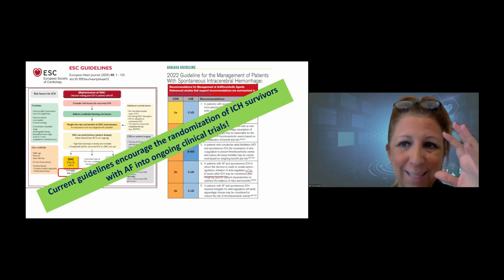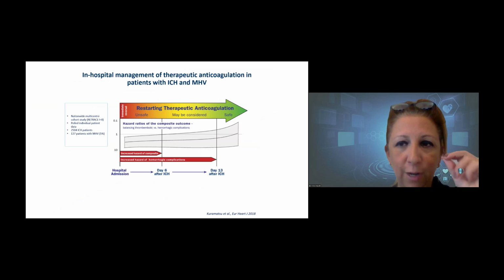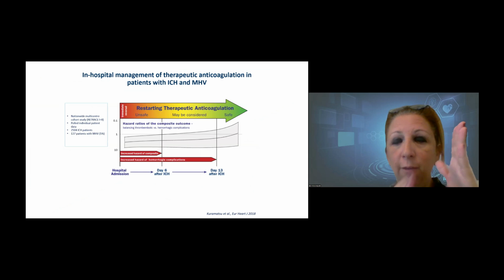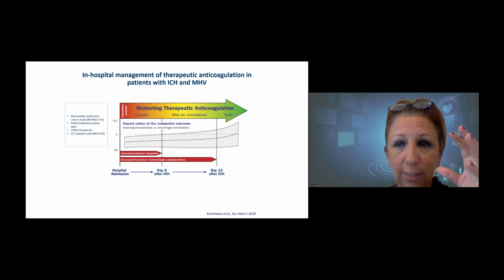Of course, patients who are at especially high thromboembolic risk should restart earlier, and a very good paradigm for that are patients with mechanical heart valves. Here we have a good observational study, but a very good design, from Germany. This is a study from the RESTART-ICH cohort, and investigators suggest in patients with mechanical heart valves to restart anticoagulation between the first and second week, between day 6 and day 13.